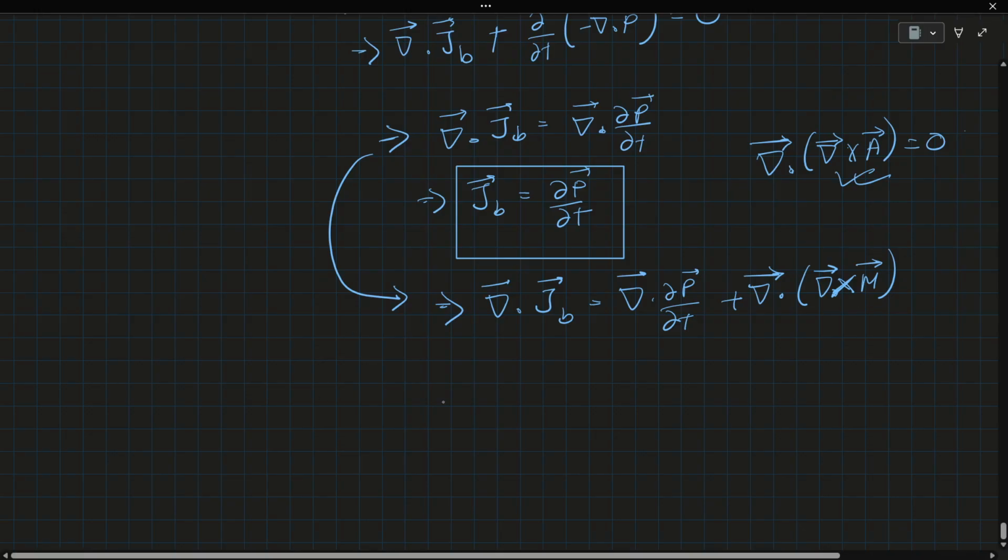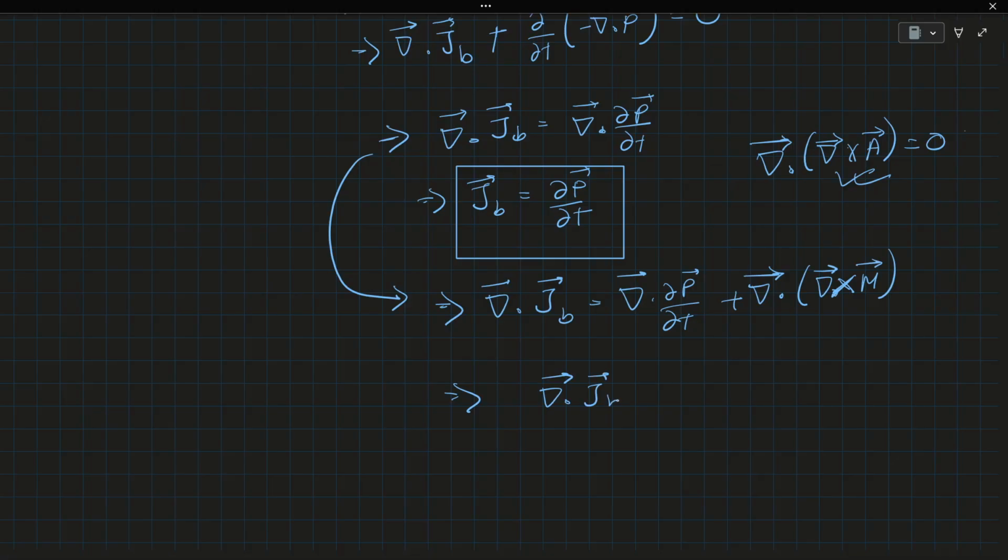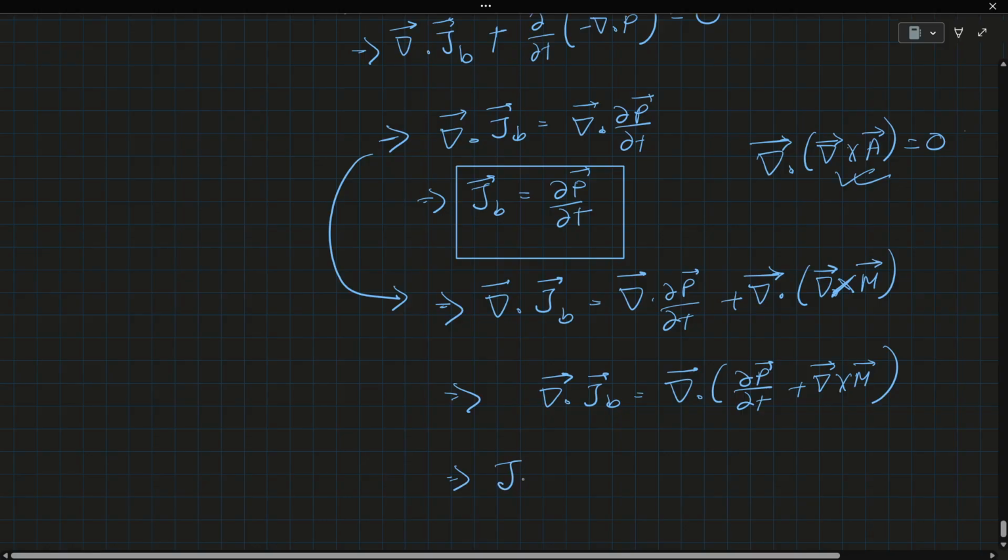But first let's combine these two terms. So I can write jb equals del p by del t plus del cross m.